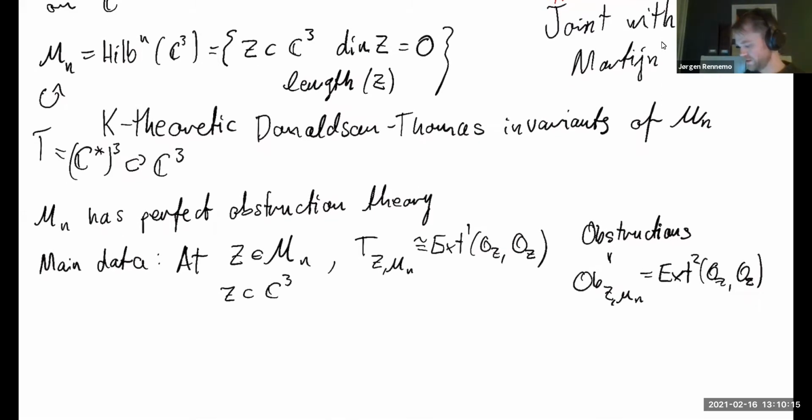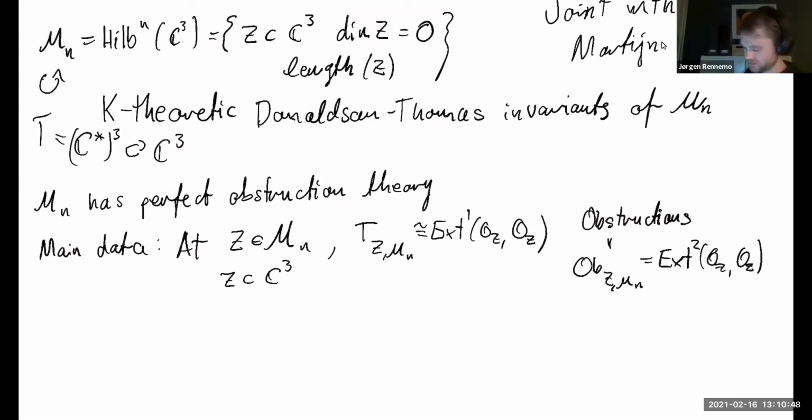And just to have said this in words, this is meant to capture the fact that locally near Z, you have the tangent directions, and the scheme Mn you can think of as being defined by equations, where the equations are labeled by, well, not the obstruction space, but its dual. But anyway, roughly speaking, you've got Ext^1 many tangent directions and Ext^2 many equations.